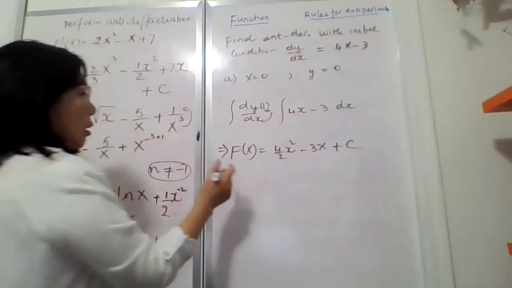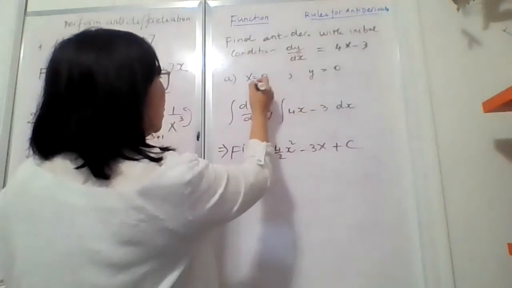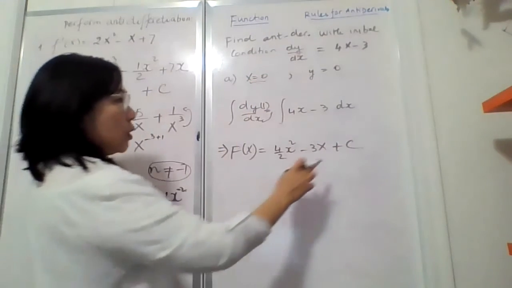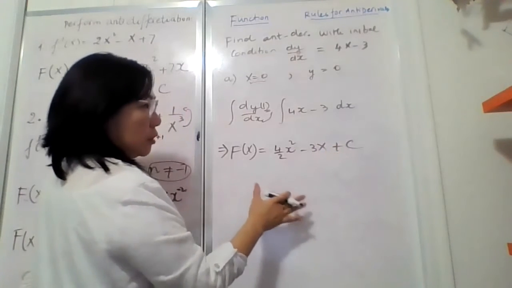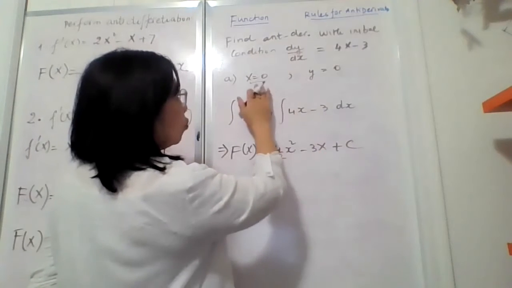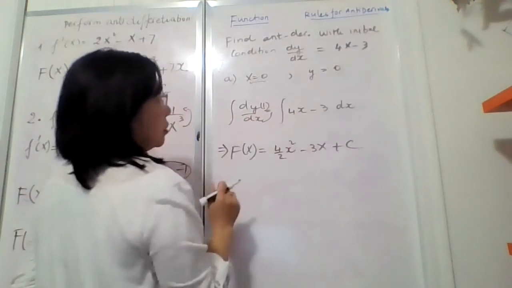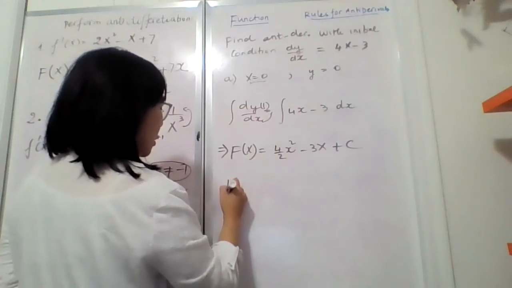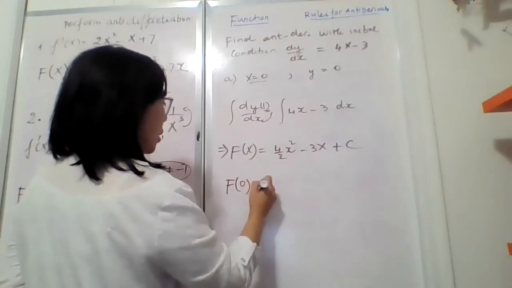Okay. Now, we're going to substitute because they give us the condition x equals 0. So in this example, I'm going to show you how to find c, right? Because we are given the initial condition. So x equals 0 and y equals 0. So I'm going to substitute F of 0 in here.